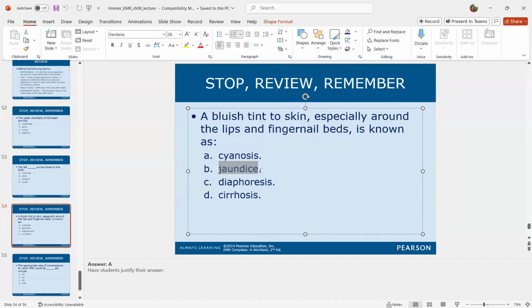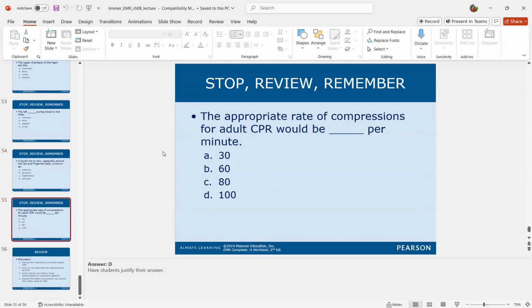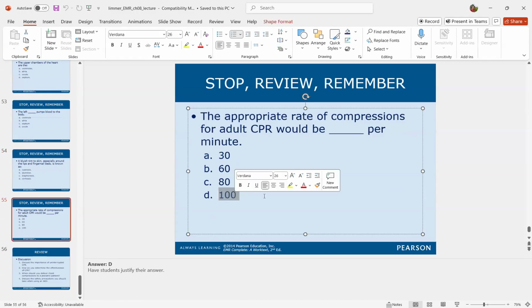Jaundice is the yellowy color. Diaphoresis is pale, cool, sweaty. And cirrhosis is a liver disease. I don't know why that's on here. That's funny. The appropriate rate of compressions for adult CPR would be 100 to 120 compressions per minute.